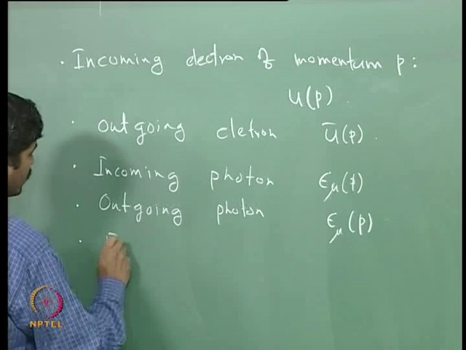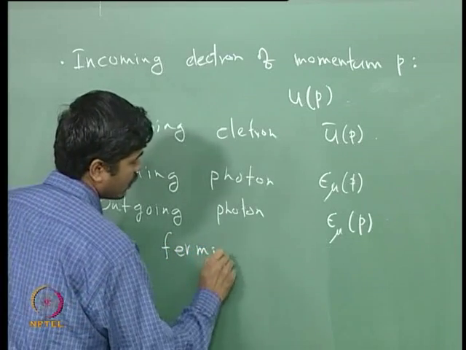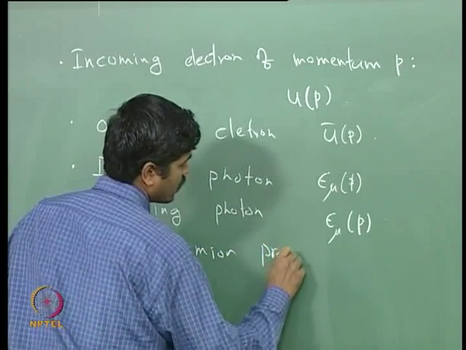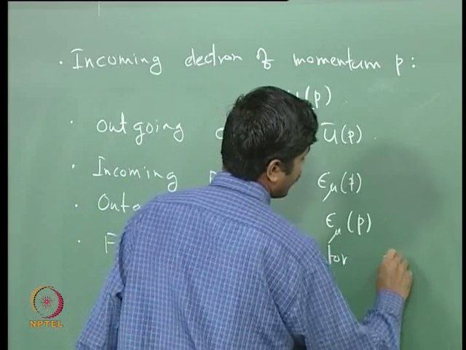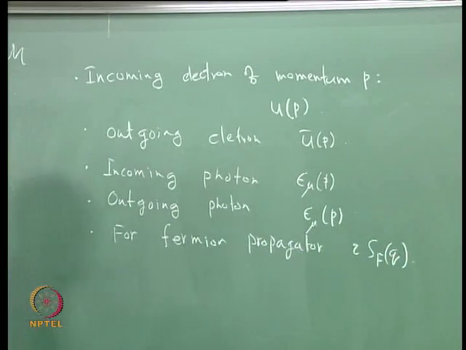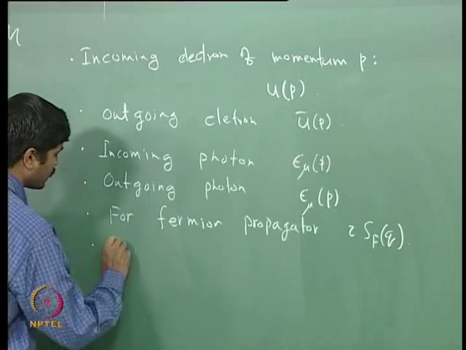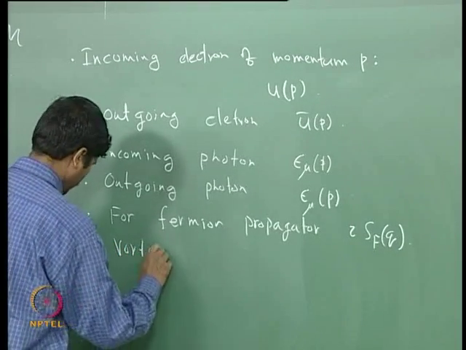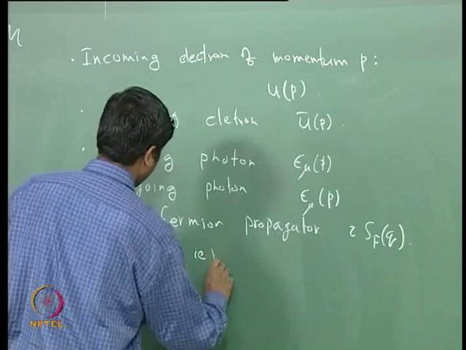For a fermion propagator, you write i S_F of q, where q is the propagator momentum. For each vertex, you write i e gamma mu.